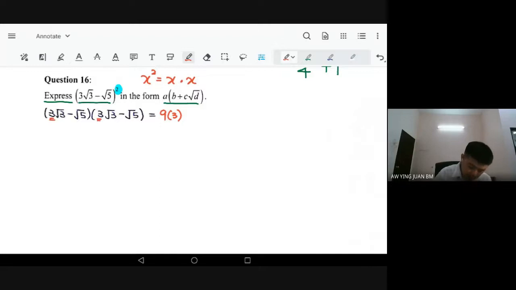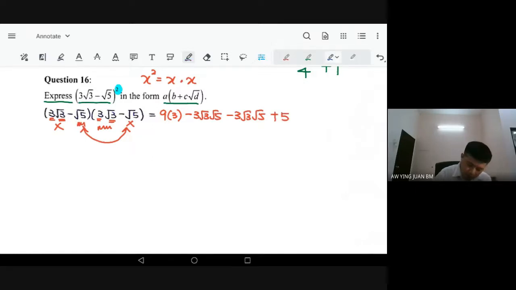9, then 3. Minus 3 square root of 3 square root of 5. Continue. Negative 3 square root of 3 square root of 5. We have positive 5.